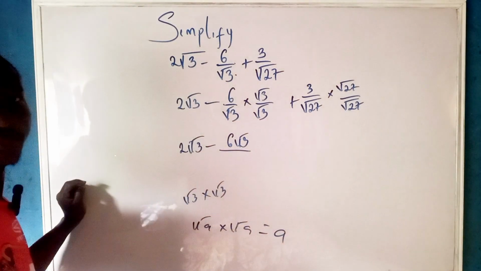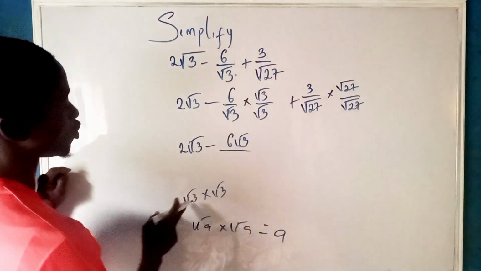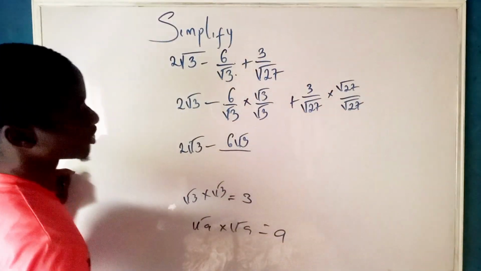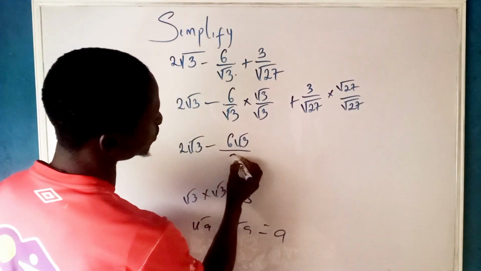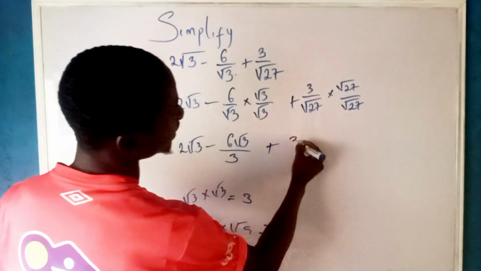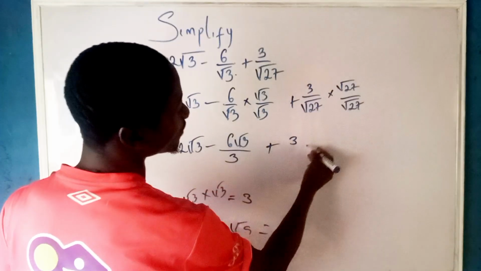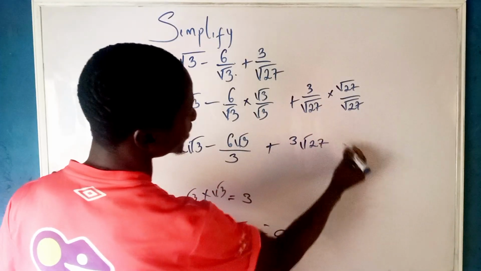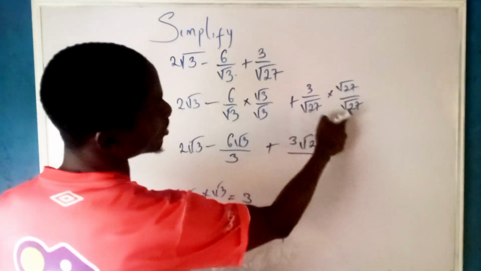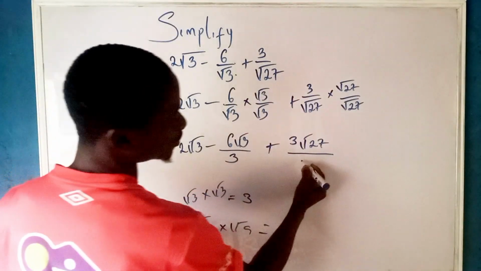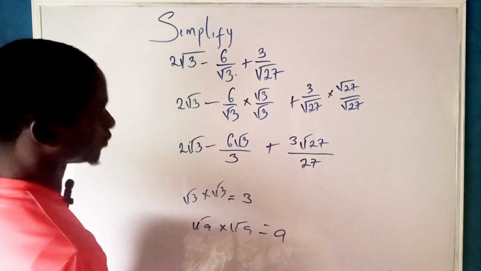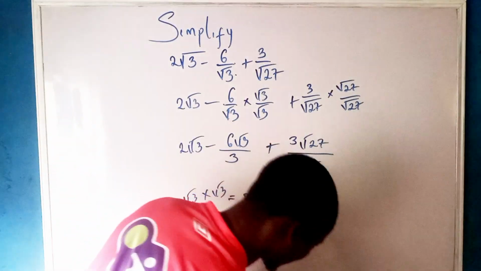A. Therefore, when we have root 3 multiplied by root 3, it is going to give us 3. So our denominator will now be 3. Then we still have plus 3 times root 27, which gives us 3 root 27, all over root 27 multiplied by root 27. That gives us 27.